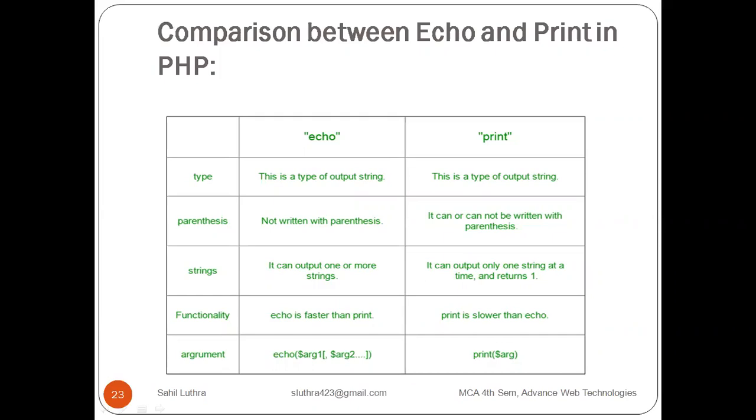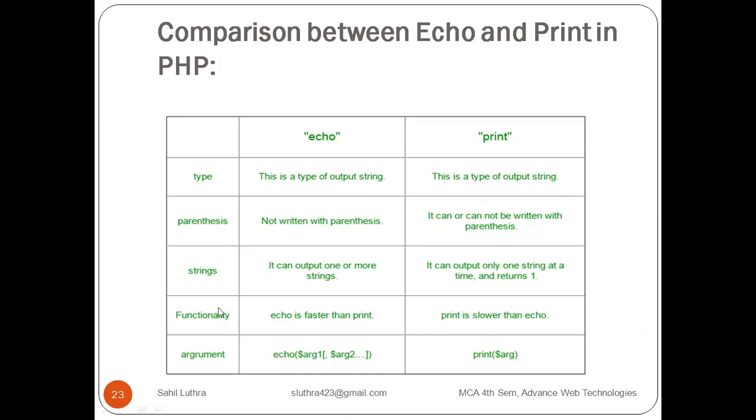So this is the major difference between echo and print. In echo, you can pass multiple arguments, but in print, you can pass only one argument. Echo does not return any value to you, but the print function always returns one.